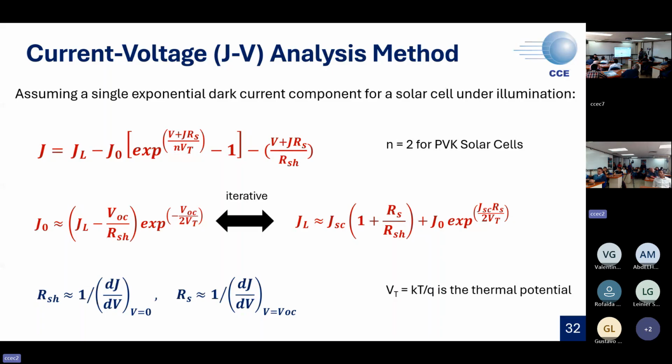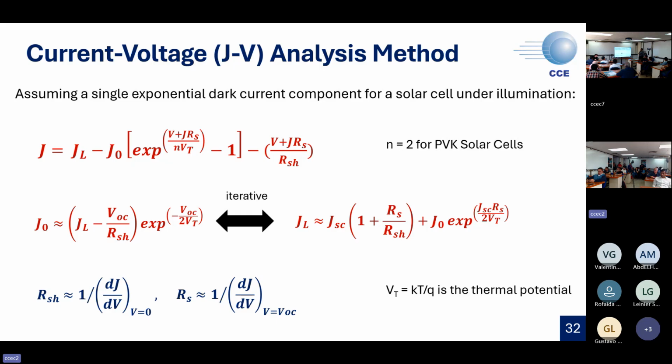With this equation, it's difficult to solve directly. We obtain two other equations in order to know the J0 and the JL parameters. With different conditions, it's possible to establish two equations.